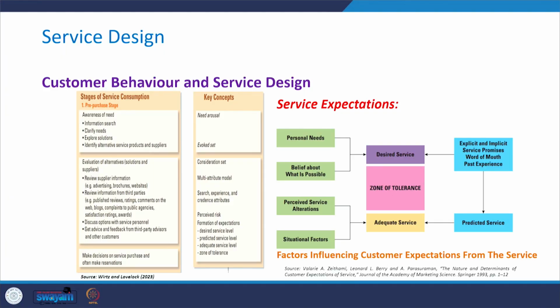Thus, the customers have a threshold level of expectations termed as adequate service, as well as a predicted service level. Adequate service is nothing but the minimum level of service a customer will accept without being dissatisfied. Whereas predicted service is the level of service that customers actually expect to receive.